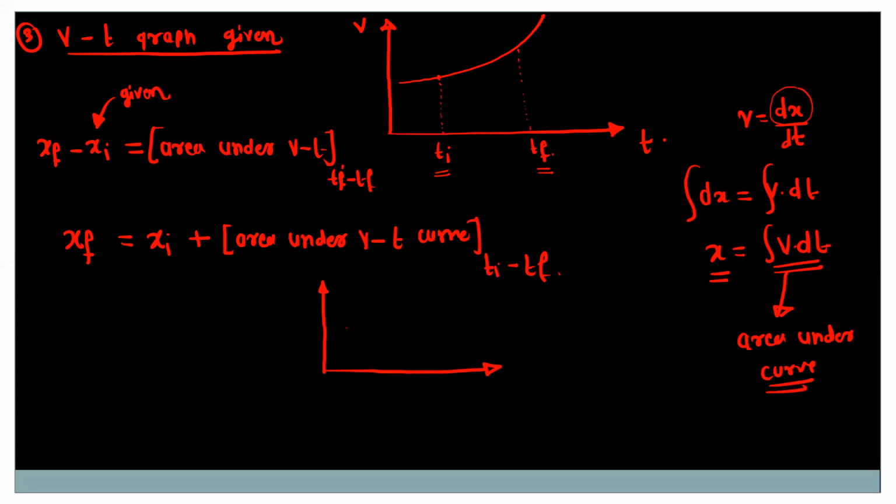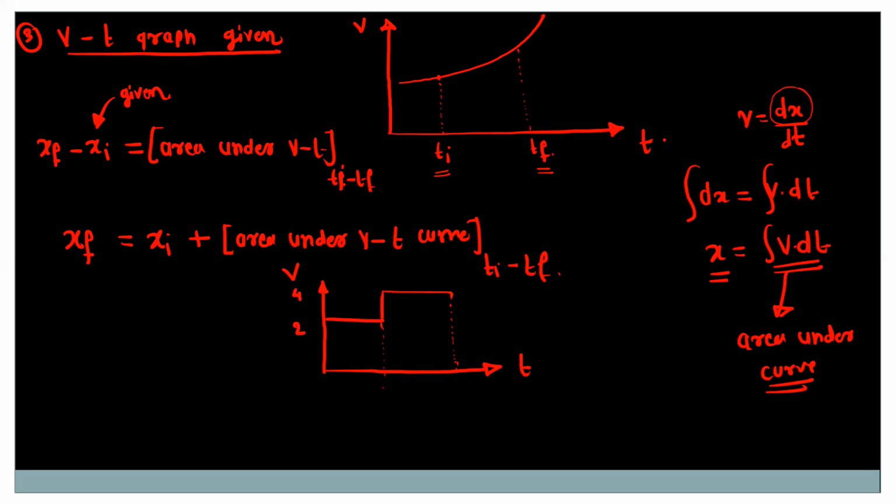So suppose we have the graph like this for velocity time. Okay, so the initial velocity is 2 meter per second, and suddenly it becomes 4 meter per second.